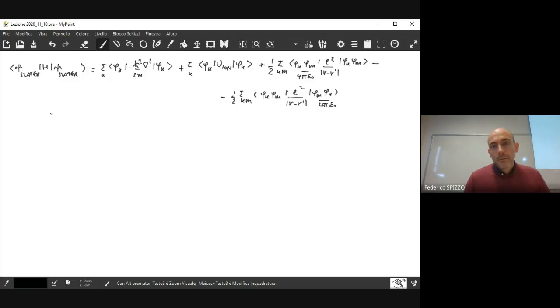And if you try to find the constraint concerning the wave functions that minimize this expression, what one finds is that if you require that this expectation value is minimum, then the condition over the wave functions is the following. So the wave functions have to fulfill this equation.